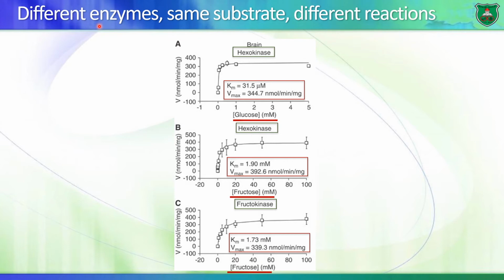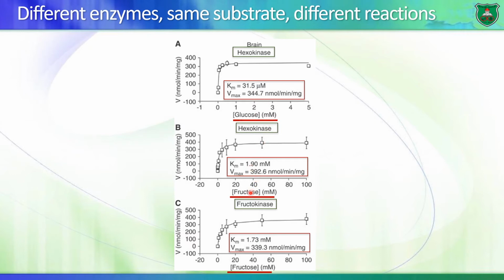Well, let's look at different enzymes converting the same substrate in different reactions. Again, we talked about hexokinase. It's the same enzyme right here. Towards glucose and fructose, different Km values and different Vmax values as well.